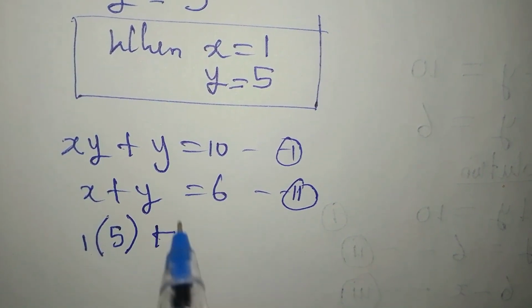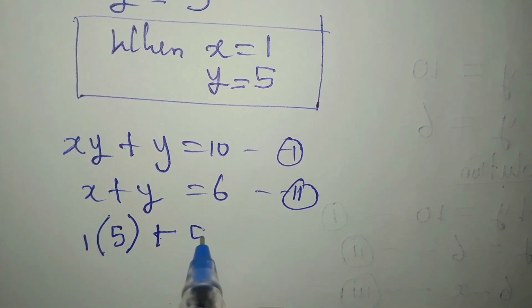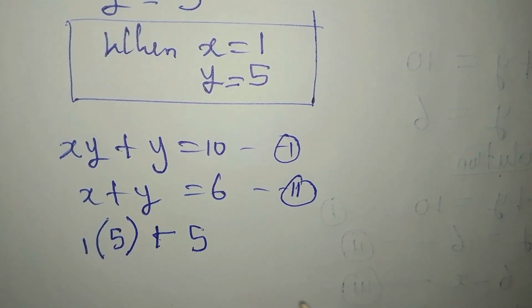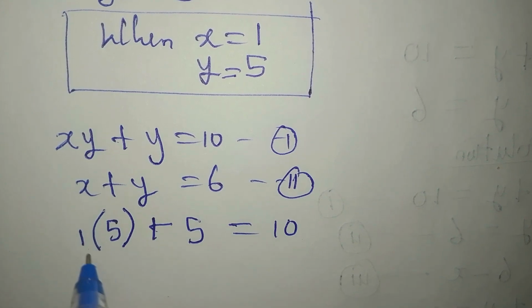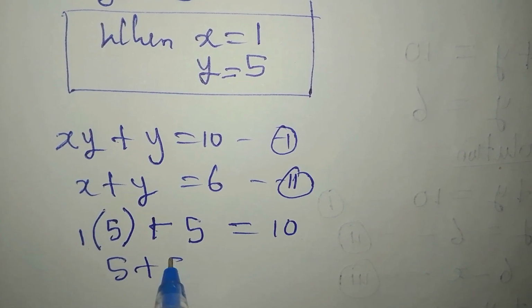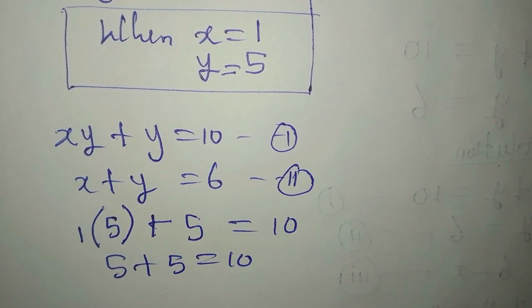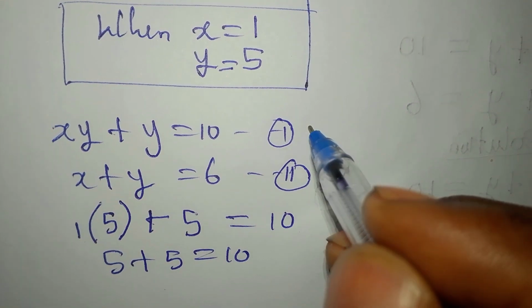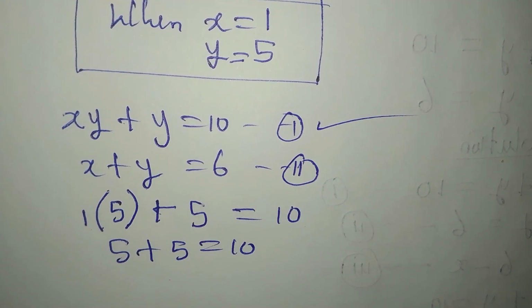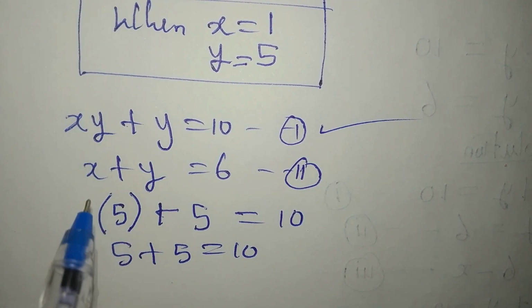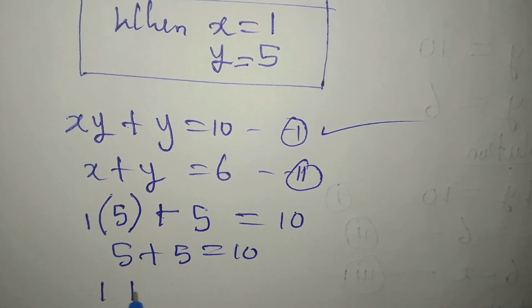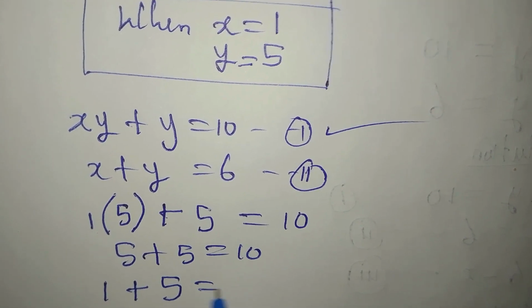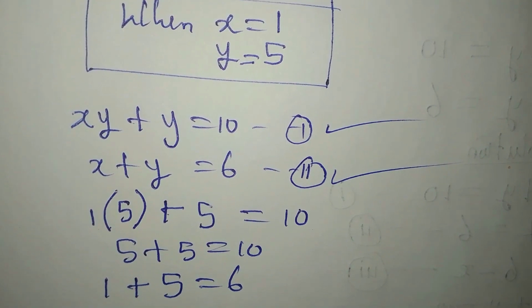Then plus y, which is still 5. Now, will this give us 10? The answer is yes, because 1 times 5 is 5 plus 5, and that is 10. So the first equation is satisfied. The second equation now, we have x plus y, and our x is 1. That means we have 1 plus 5, because y is 5, and that is 6. The second equation is also satisfied.